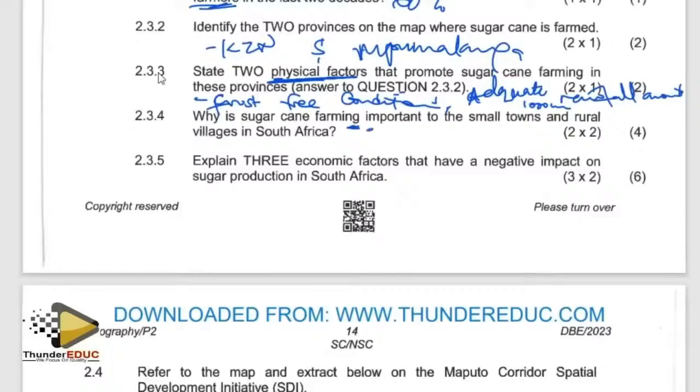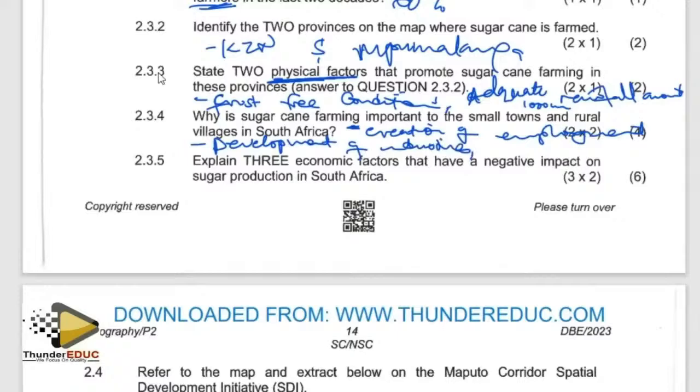The first importance is creation of employment, since they are partly or entirely depending on sugarcane growing. So there is creation of what? Of employment. That is one. Remember, it's 2 times 2. So besides creation of employment, you can say development of industries.